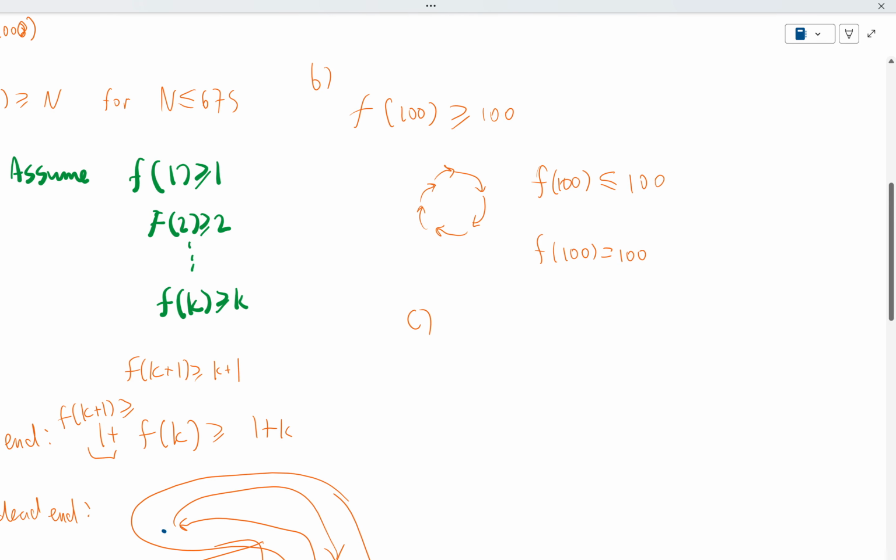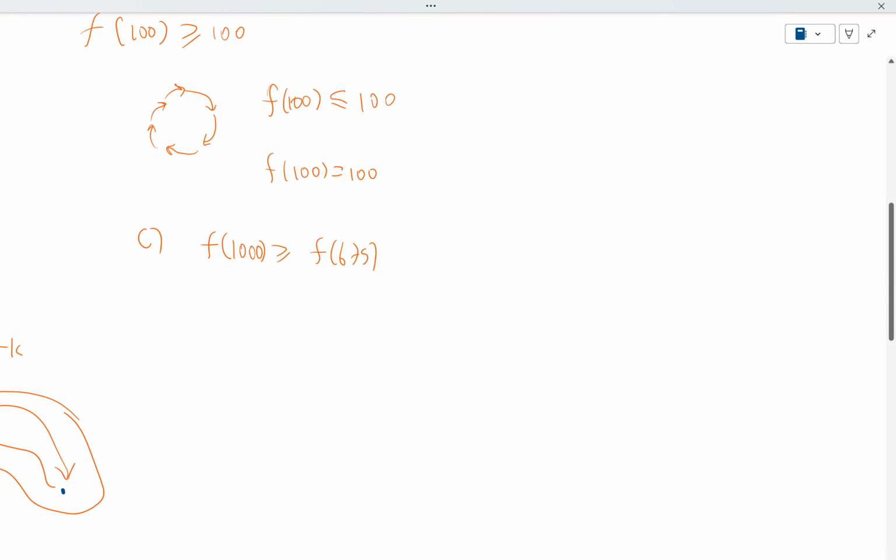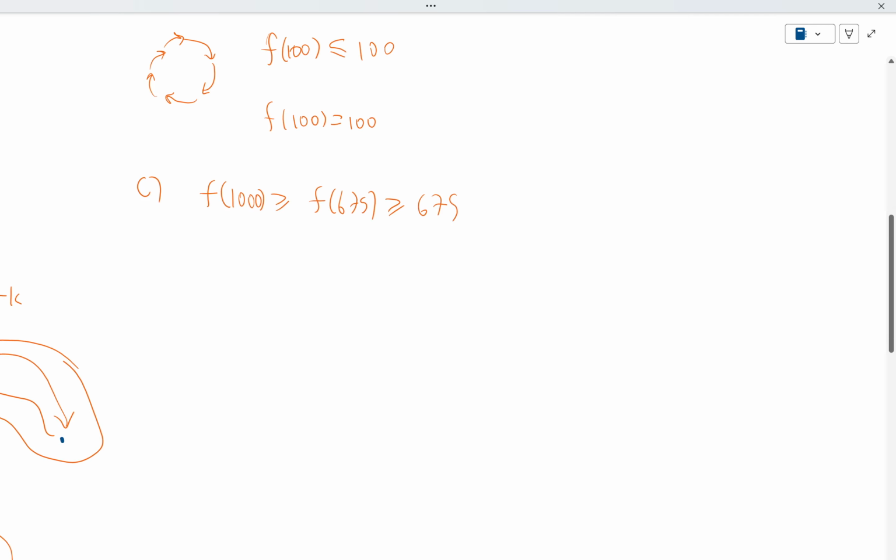And for part C, f of 1000 is greater than or equal to f of 675. Obviously, because if you remove more people, then you can get more points, right? And this is by induction greater than or equal to 675. And the students can just make 675 triangles, right? Using the 2025 students, they can make 675 triangles.